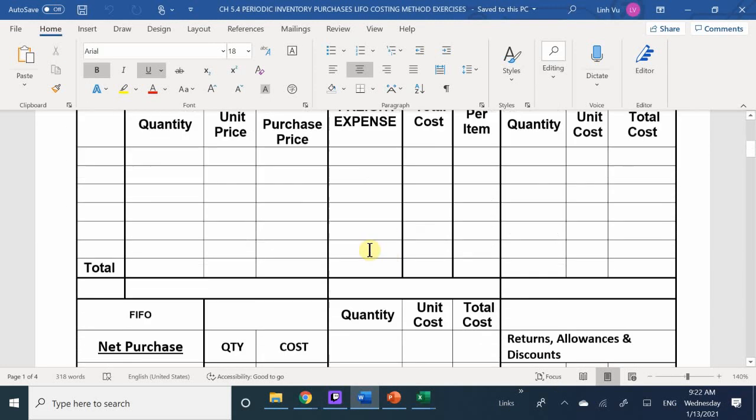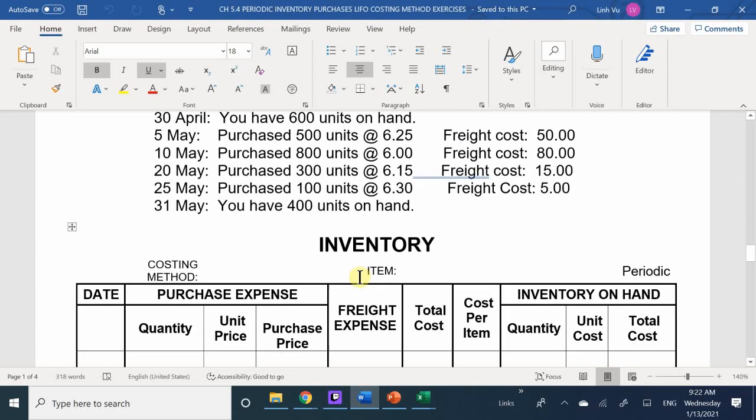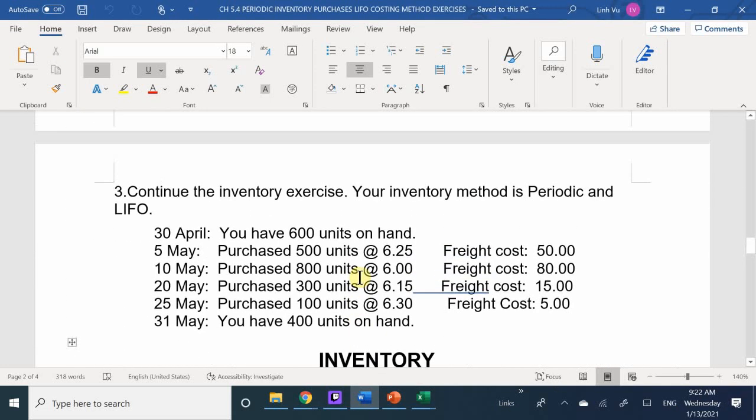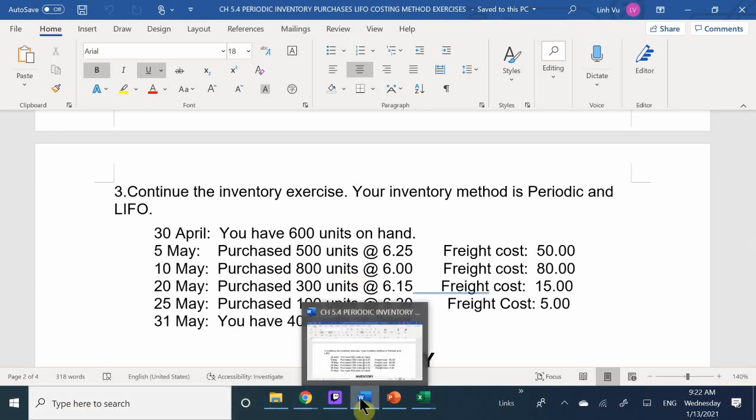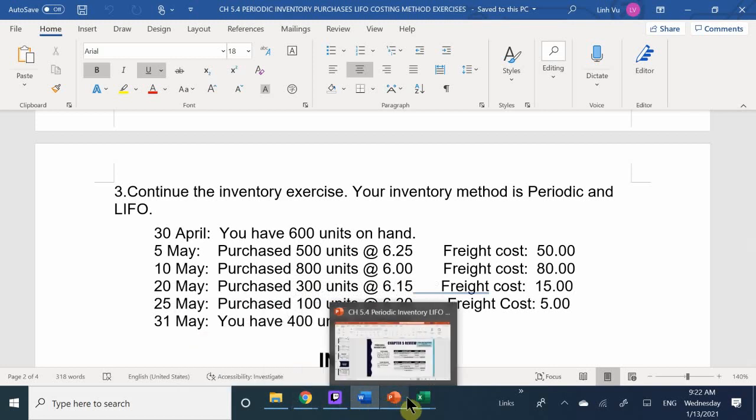So now that we've completed this section here, the next question says that for this scenario, you're going to continue on with the inventory for the purchases in May.